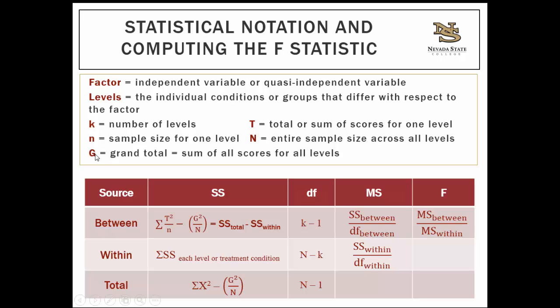And then G stands for the sum of X for the entire study, the grand total, the sum of all scores for all levels. So T is the sum of X and n is the sample size for a single level. Capital N and G represent the sample size for the whole study and the sum of X for the whole study, and then K is the number of levels.